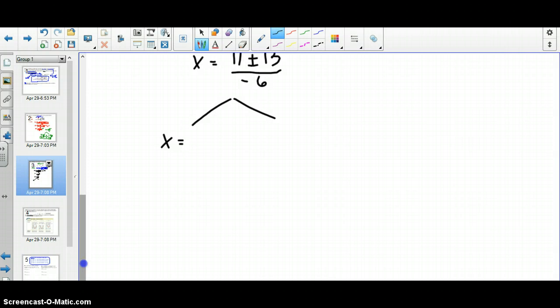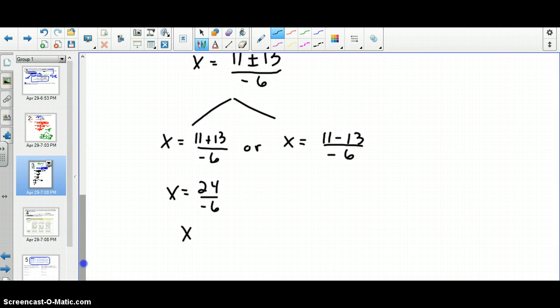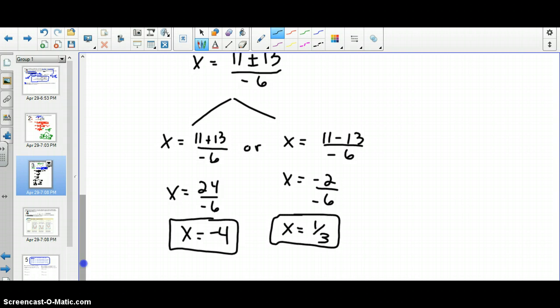I have x equals 11 plus 13 over negative 6, or x equals 11 minus 13 all over negative 6. So 11 plus 13 is 24 over negative 6, which would give us negative 4 as one solution. Or over here, that's negative 2 over negative 6, which will give us positive 1/3. So both of those are your solutions. We'll talk tomorrow about how to check if your answers are correct.